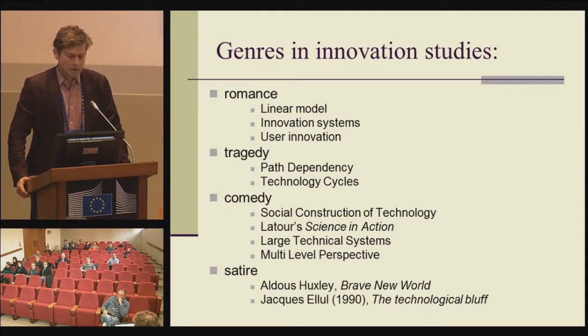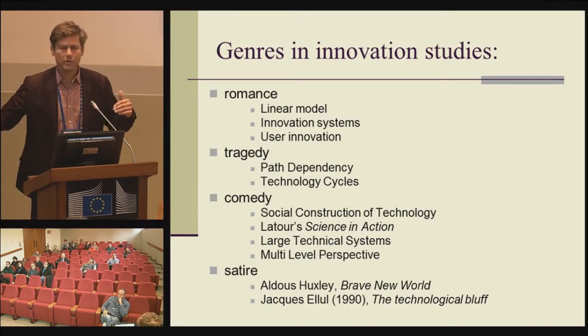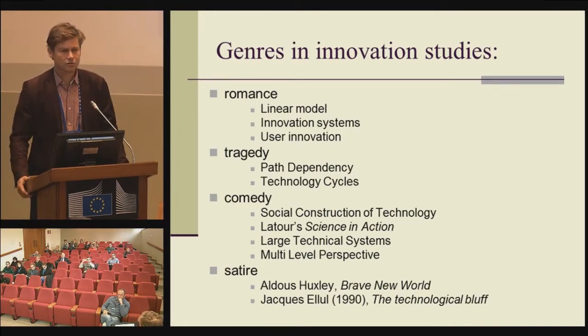So the standard linear model, where you have investment in research, and then we develop it, that's romance, because you know from the beginning it will work out fine. Whereas something like path dependency is tragic. So we really try to make it better, and we have struggles over the keyboard. But in the end, we are not in control, and we fail.